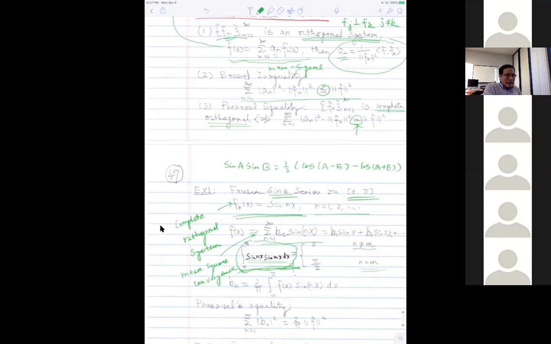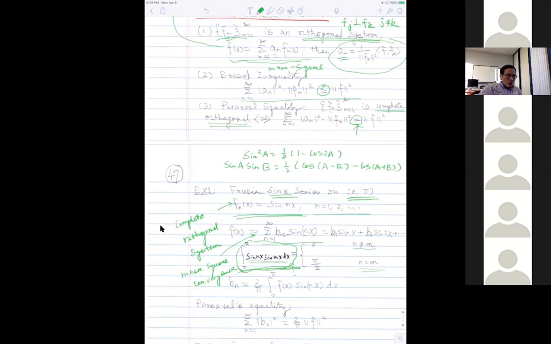When n is m, this becomes sine squared nx, and then we use the formula sine squared A equals 1/2 of (1 minus cosine 2A) to evaluate the integral. Okay.